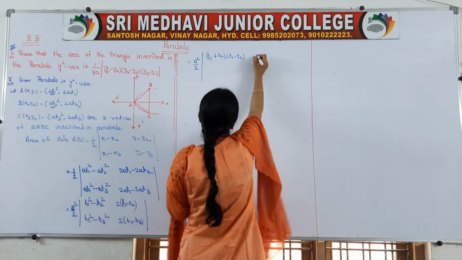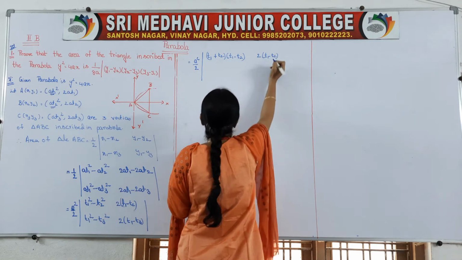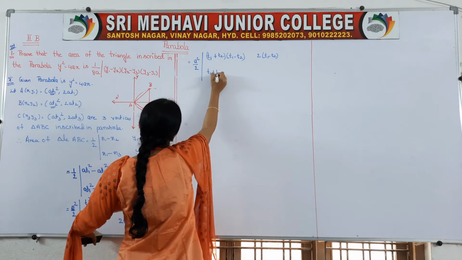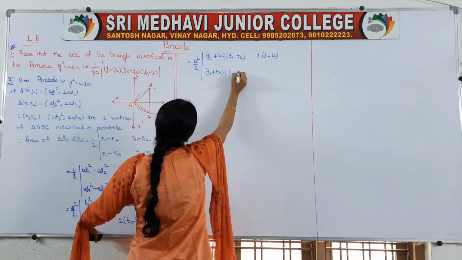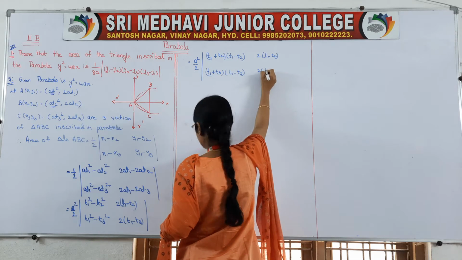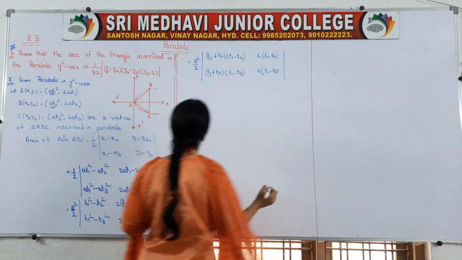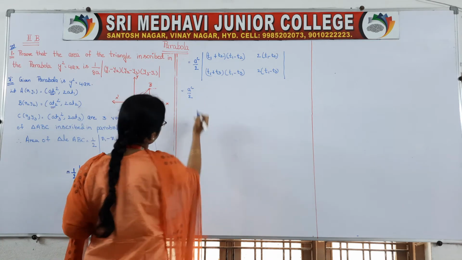Okay, so here 2 into t1 minus t2. Similarly, here we can take t1 plus t3 into t1 minus t3. Okay, so 2 into t1 minus t3. So is equal to a square by 2.